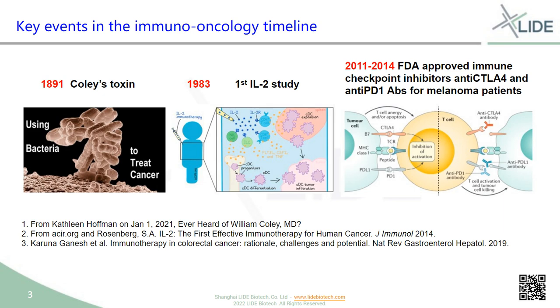I think the earliest case can be traced back to 1891, when a New York surgeon, William Coley, first attempted to leverage the immune system to treat cancer after he noticed that a mixture of live and inactivated Streptococcus bacteria could induce tumor regression in some sarcoma patients.